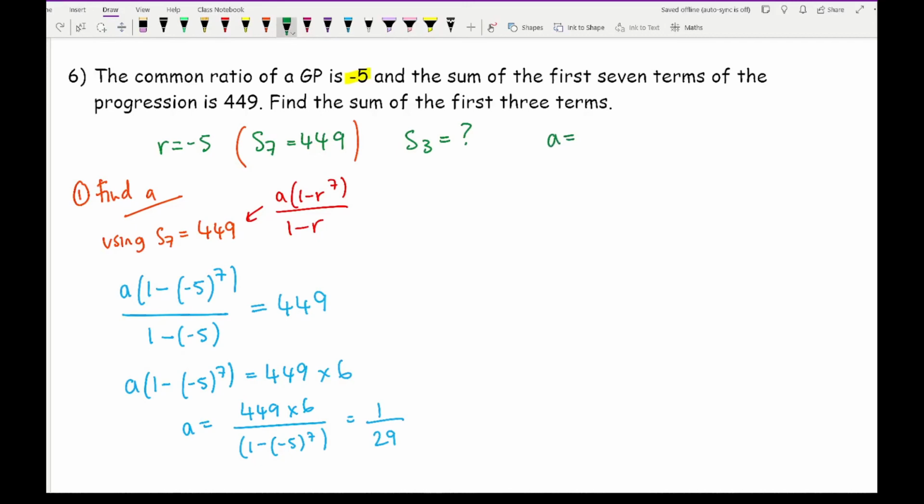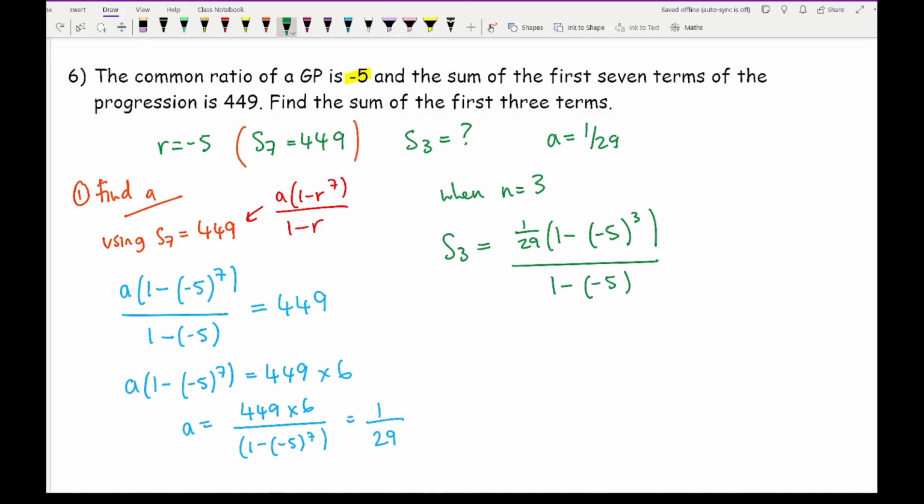So a equals 1 over 29, so that means that the sum of the first 3 terms, when n equals 3, S3 is going to equal a, which is 1 over 29, times 1 minus r, which is (-5) to the power of 3, all over 1 minus r, which is -5. And again, just be careful in terms of how you're entering this on your calculator.